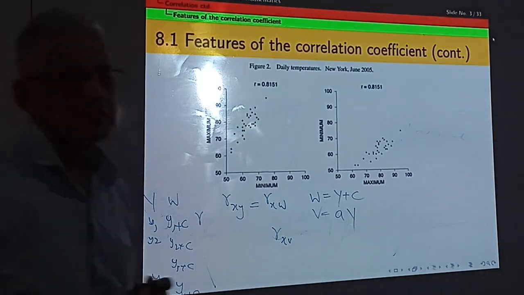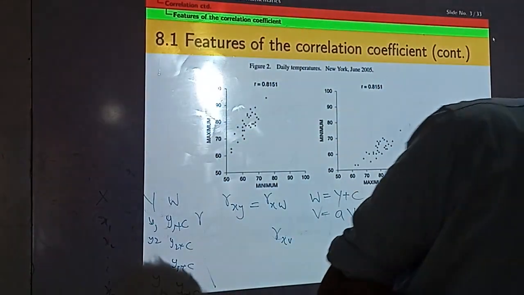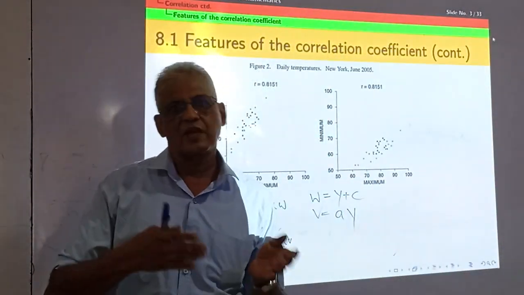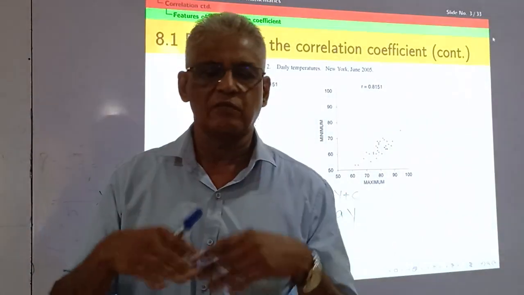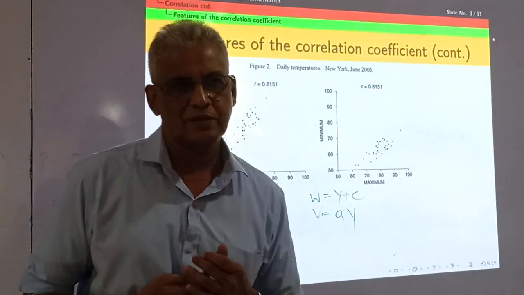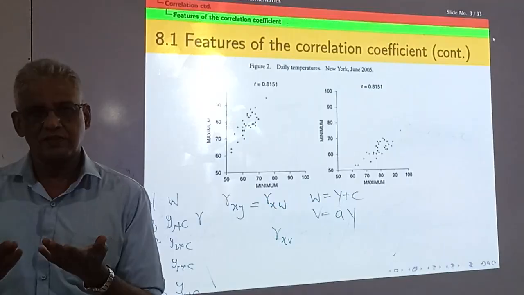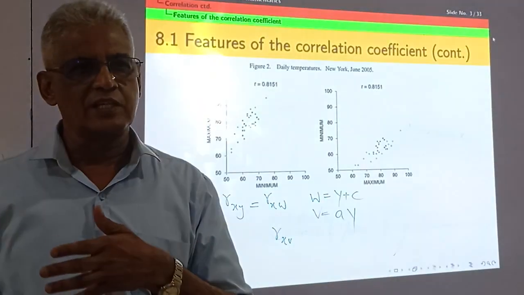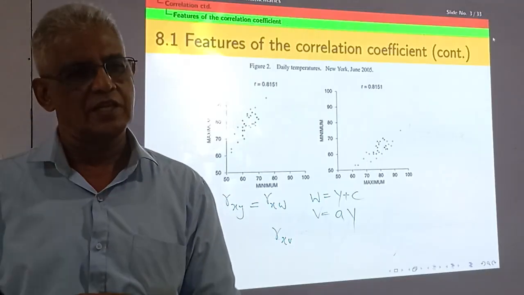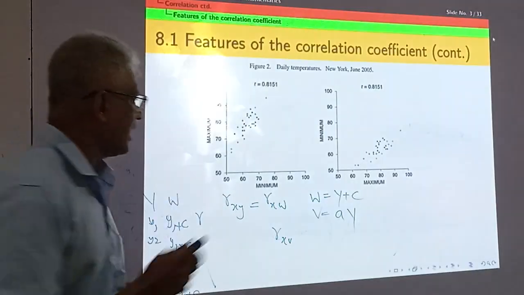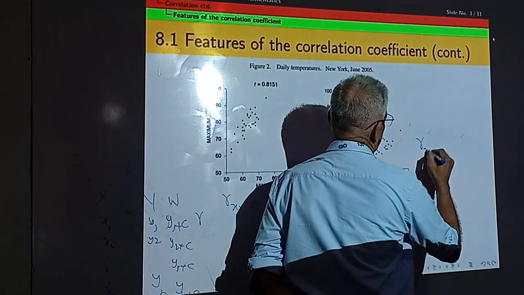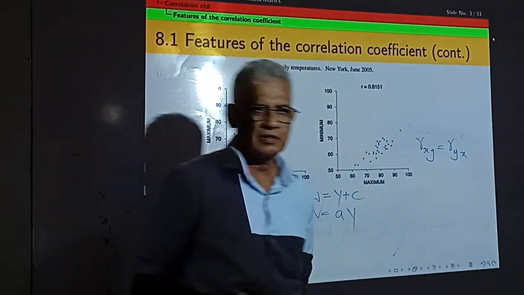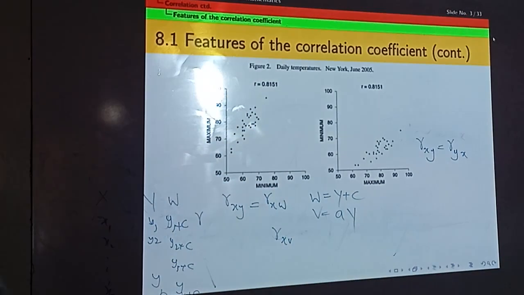Now, as I mentioned earlier, if you are considering only the association, you can take x and y as independent or dependent, whichever way you like. That means it doesn't matter whether x is that or y is the other one. The correlation r between x and y is the same as r between y and x. Why is that?